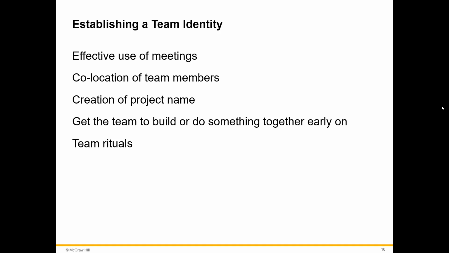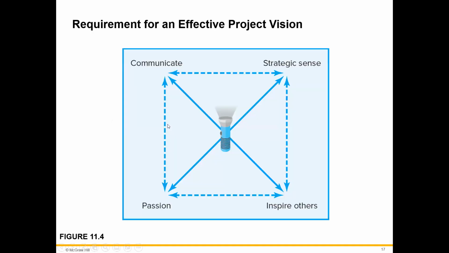Okay. So there should be a requirement as a project leader to create a project vision here. Whenever you create a project vision, the idea is to make sure that every major task should align together. So in order to create the vision of your perfect project, you want to create good communication.